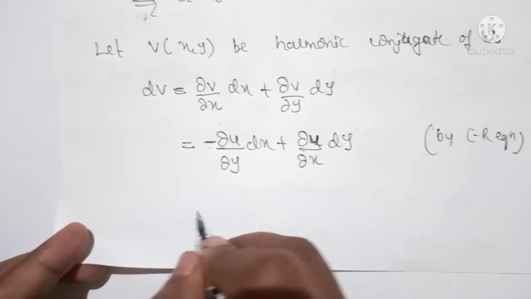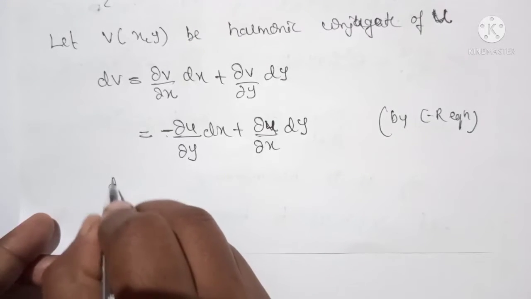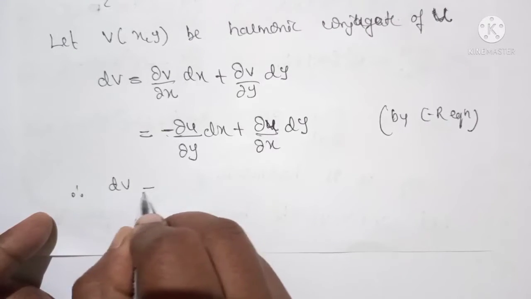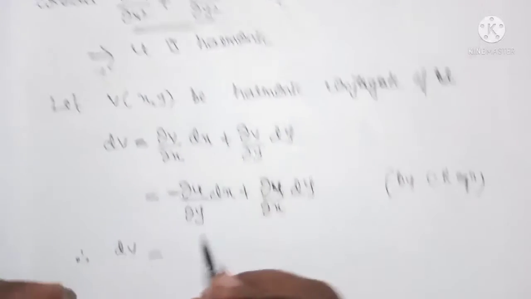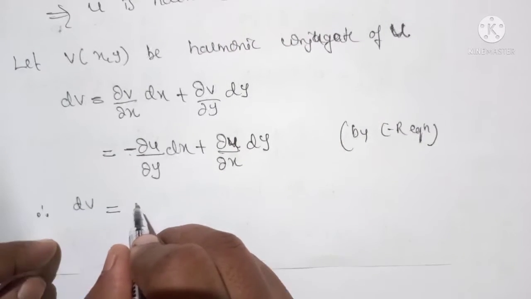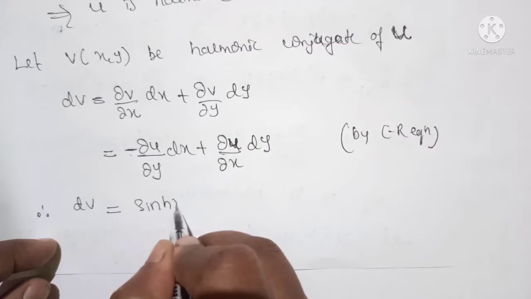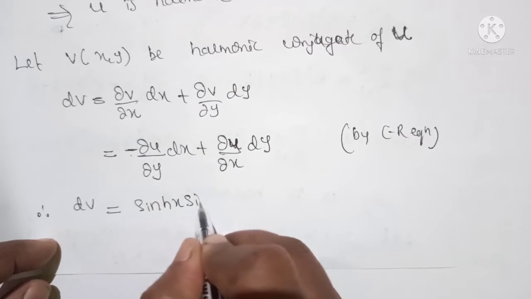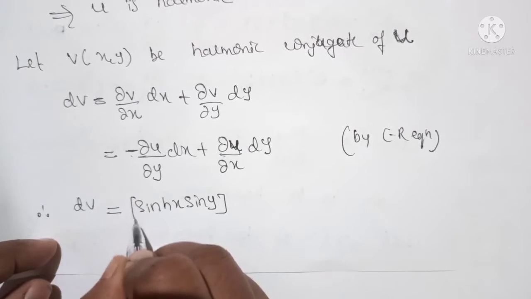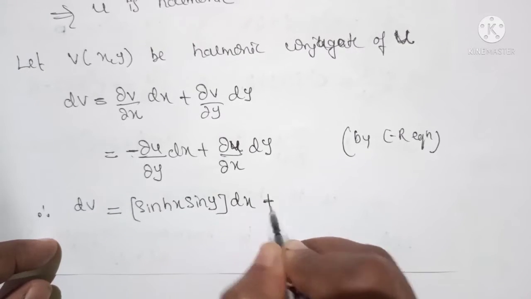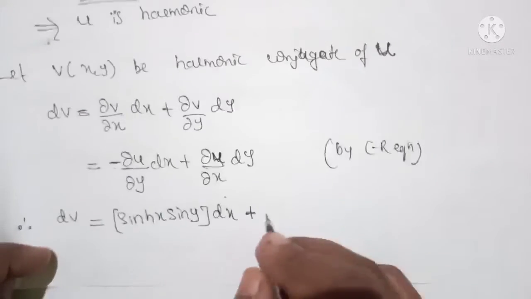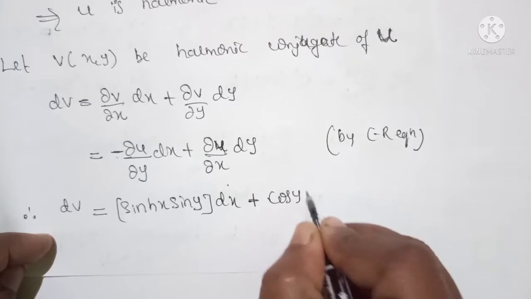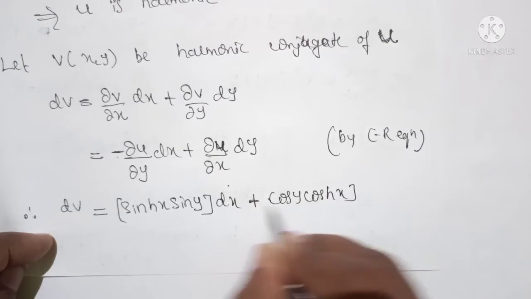Therefore dv can be written as, now substituting the values of ∂u/∂y, which is minus sinh x sin y, so minus into minus we get plus sinh x sin y dx, plus ∂u/∂x, whose value is cos y cosh x, into dy.